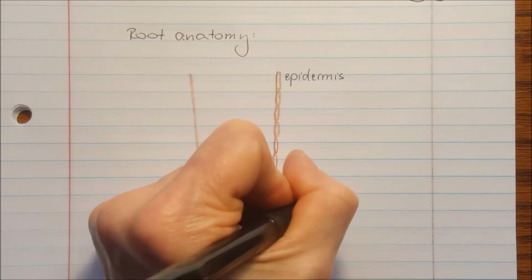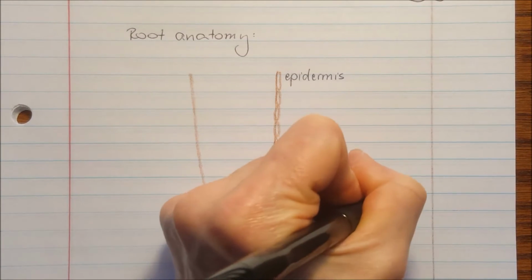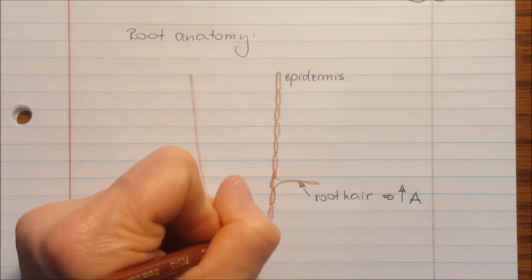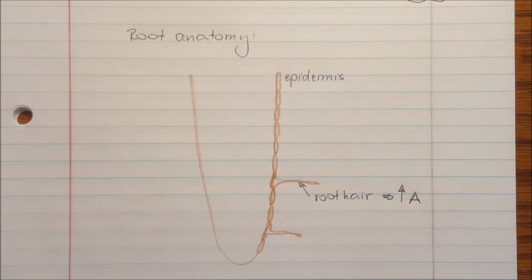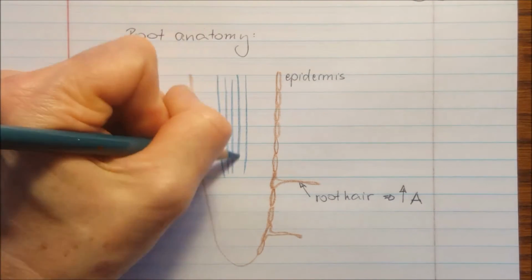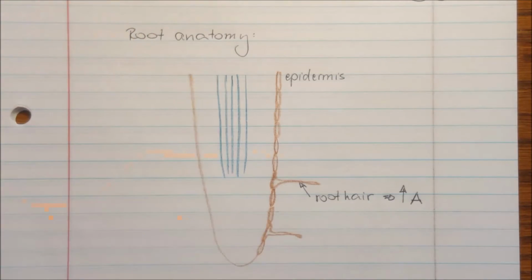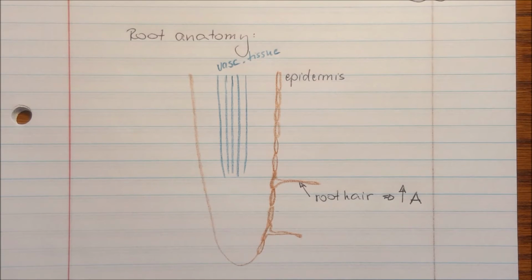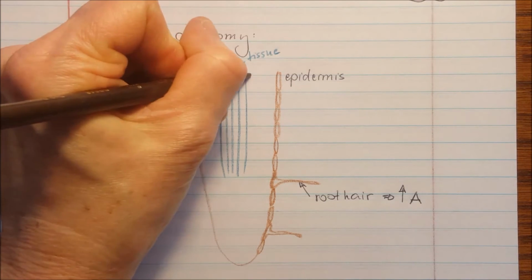Some of the cells have long extensions, and they are called root hairs. The function of the root hair is to increase the surface area for absorption. Inside the root is the vascular tissue that contains the xylem and the phloem. Xylem for the water, phloem for the sugar.